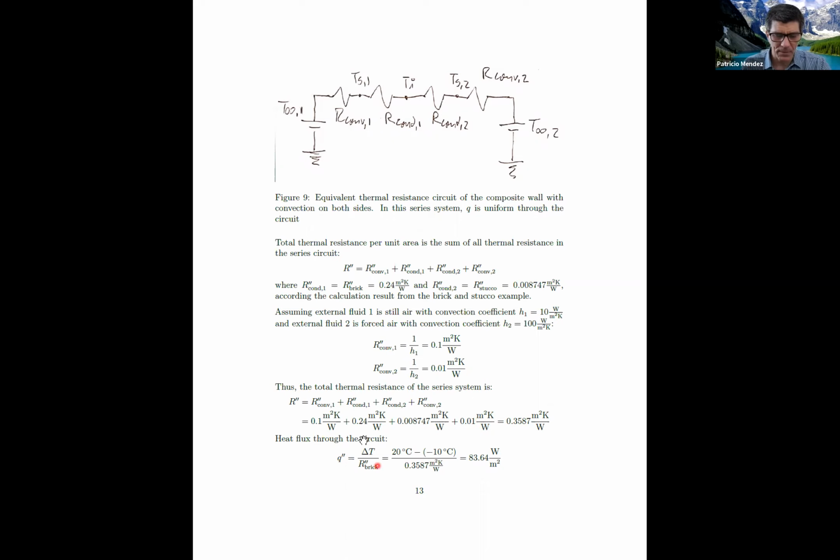But the resistance of convection inside is not negligible. It's more or less of the same order. This is an intermediate regime, right? In which both convection inside and the brick are comparable. In Canada, we don't use brick. We use these super insulating walls such that the resistance of that wall will be way bigger than the convection inside.